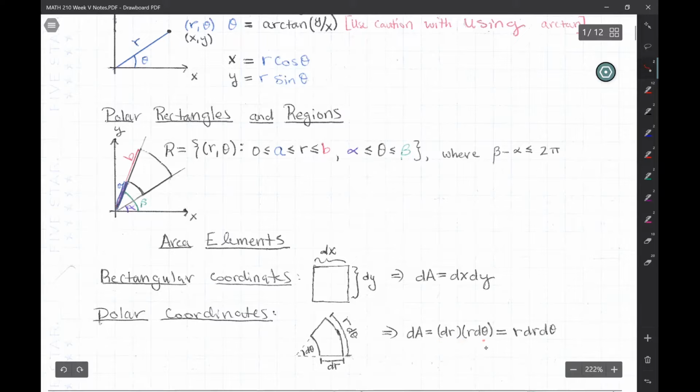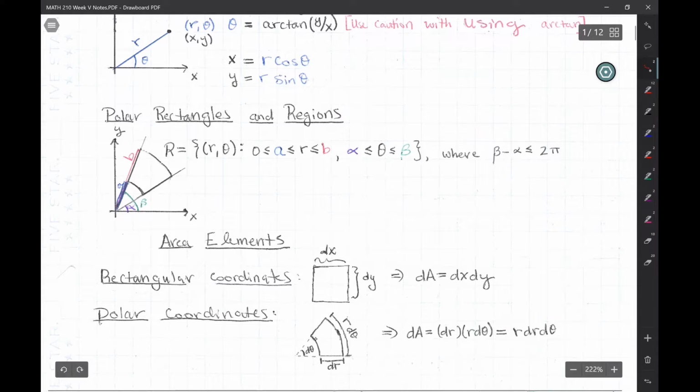And the area of this, as we take limits, as this polar rectangle gets smaller and smaller, then dA for that polar rectangle, the area of that polar rectangle, could be given by that expression there.